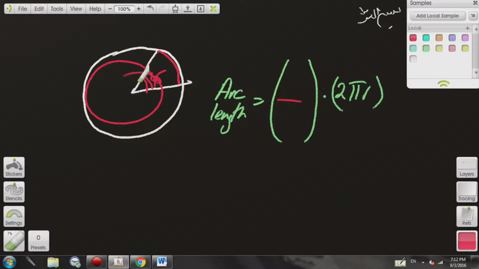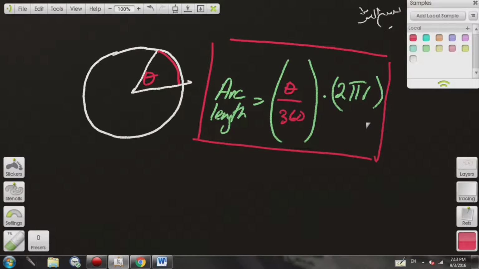So if you know this angle, it's going to be that angle over 360. So it's going to be this fraction of the whole circumference. This is how you calculate arc length.